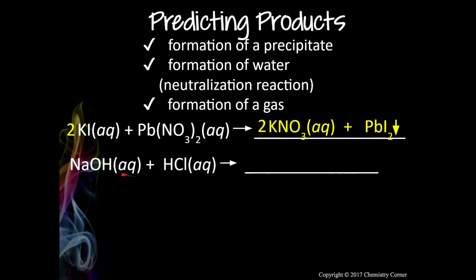Sodium hydroxide, which is a strong base, will dissociate easily, and so will hydrogen chloride, hydrochloric acid. And of course we see that we have a base and an acid, and so we know what that's going to be, a neutralization reaction, which will result in water, H2O, and then NaCl, which is table salt and also just a salt in general. And sure enough, there you have it. And they're showing you that H2O really is bonded HOH.